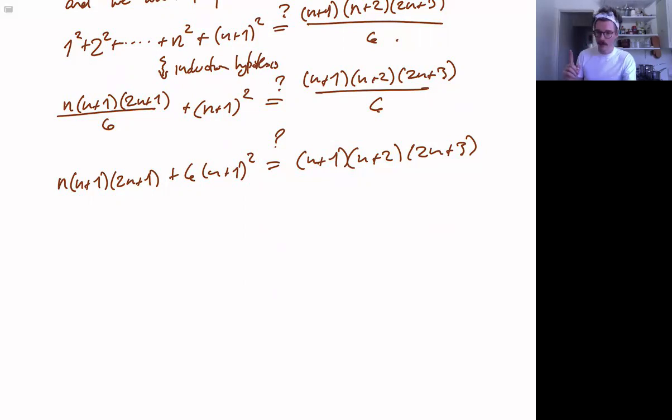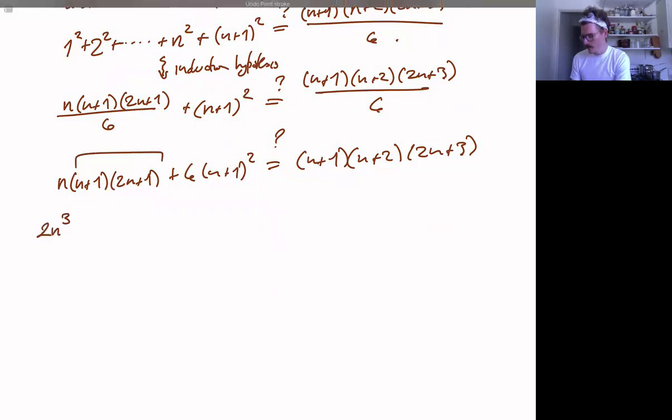I hope you're familiar with foiling. Got to know your basic pre-algebra. So this becomes 2n cubed. Let me do this first and then just raise the powers by n. So this is 2n squared from that term, and then 3n from those terms, plus 1. So it's 2n cubed plus 3n squared plus n.